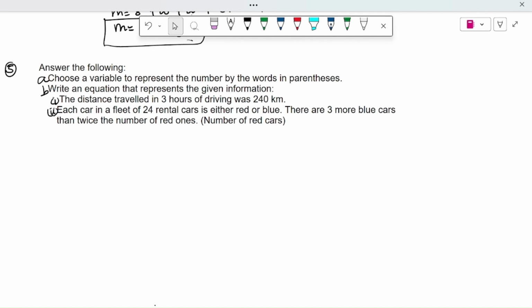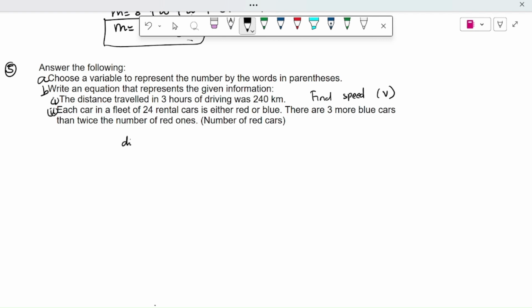So here, the distance traveled in 3 hours of driving was 240 kilometers. You are given the distance and the hours, so you have to find the rate, which is the speed. Let's make it v.